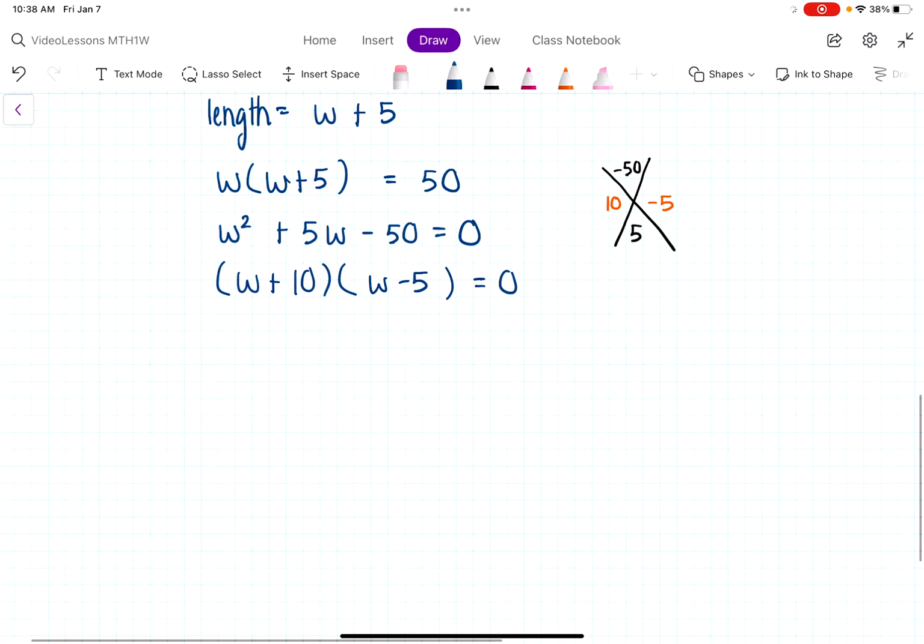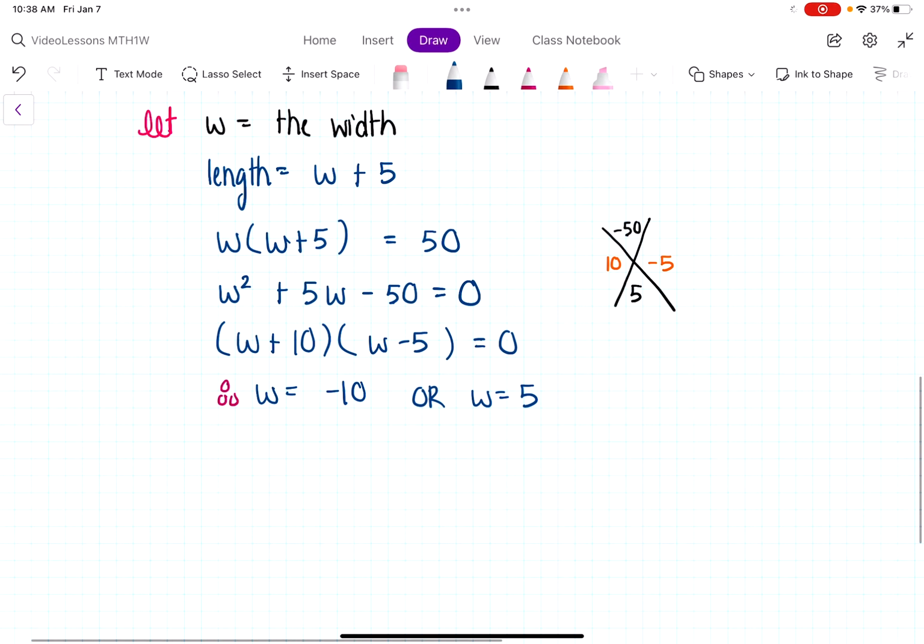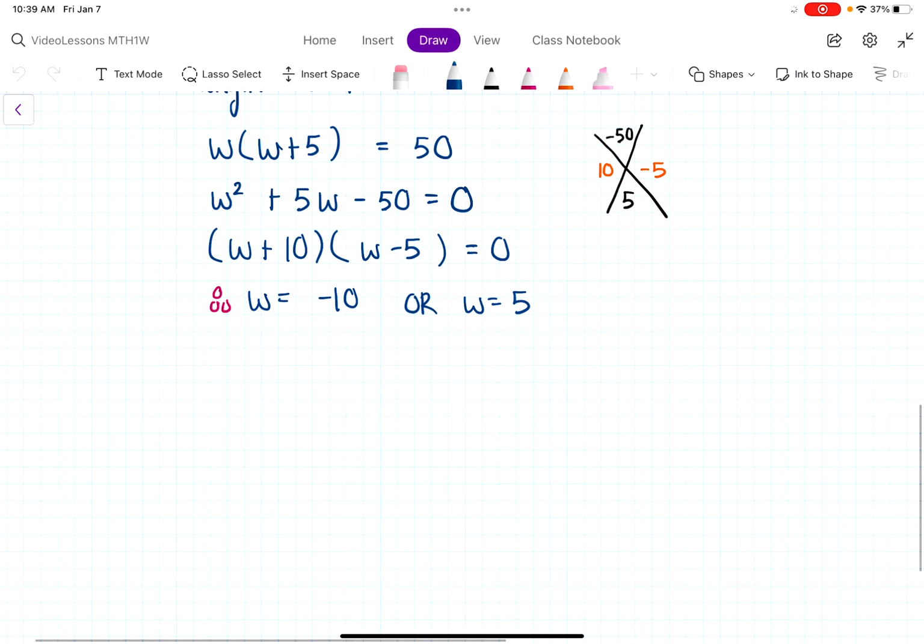When we solve that, we get W equals negative 10 or W equals 5. Now again, we are talking about dimensions. In the previous section, where we were just doing equations, the numbers don't represent anything. Here, the numbers represent the length or the width. They represent dimensions, so you can't have a negative measurement.